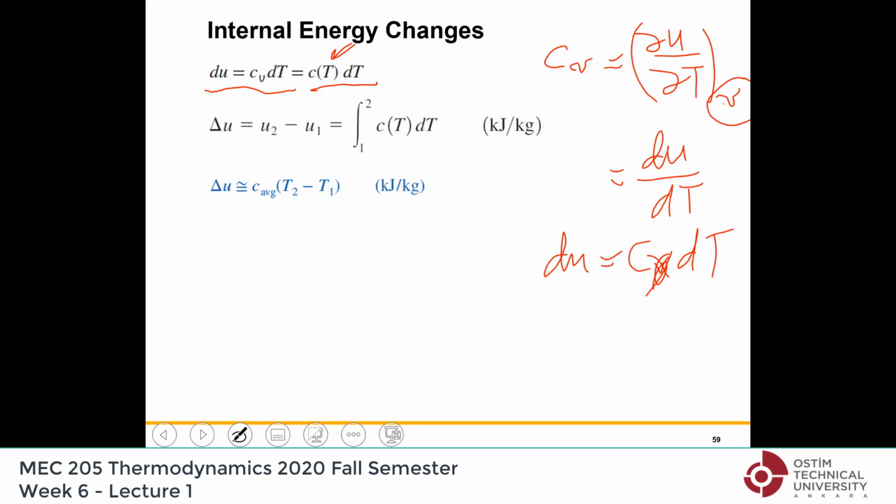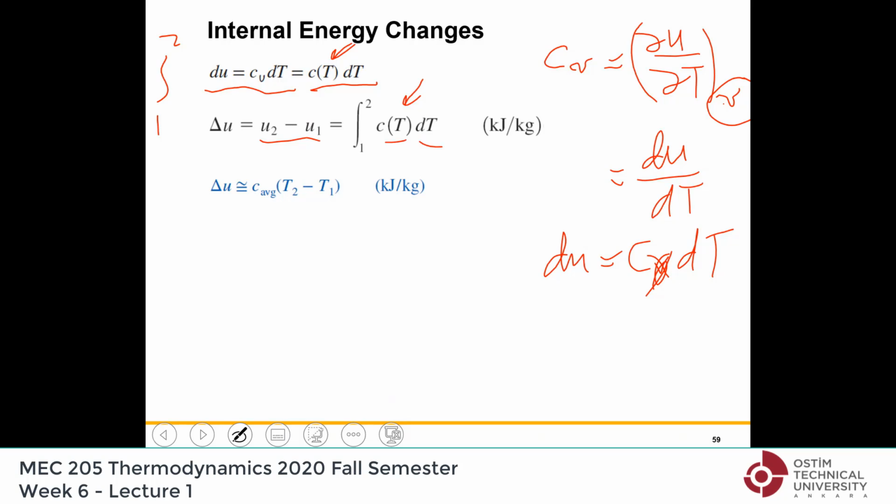Okay, and if you take the integral from 1 to 2, du becomes delta u, which is u2 minus u1, and in general C may depend on temperature, so integral from 1 to 2 C dt.